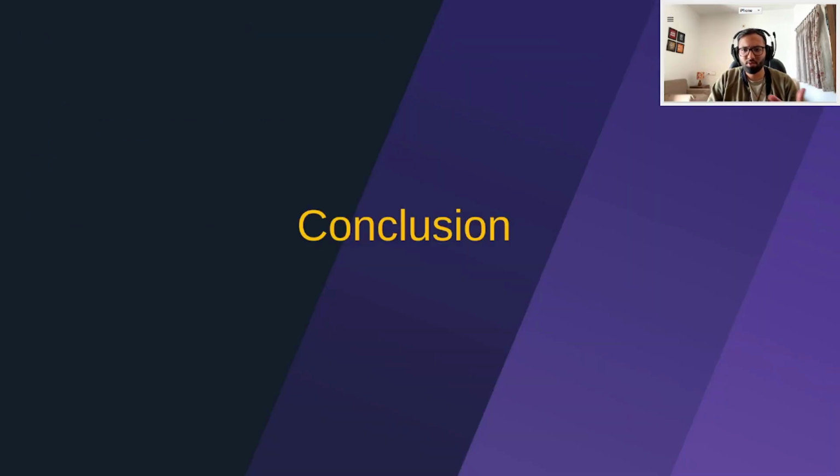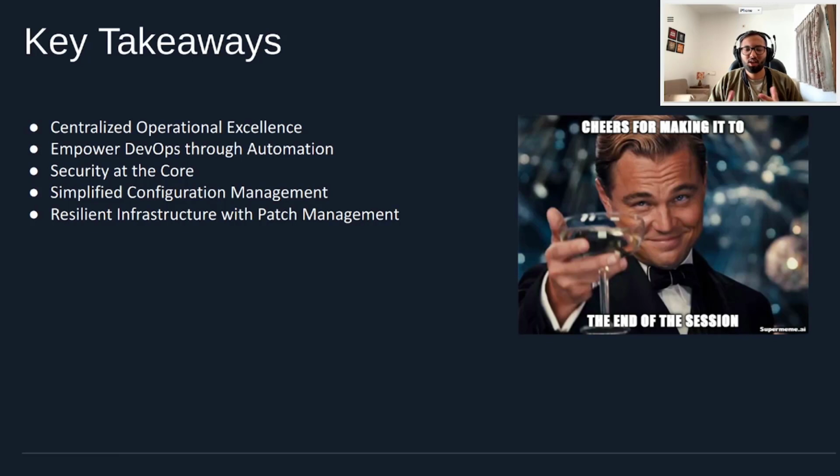Okay. Conclusion. So what are the key takeaways that we take from a service like AWS Systems Manager? It helps you with centralized operational excellence. It also helps you with automation of your operational tasks or operational workloads, correct? And which is helpful for DevOps people, empowering them to actually work on your other tasks, right? Security is at the core of this service itself.